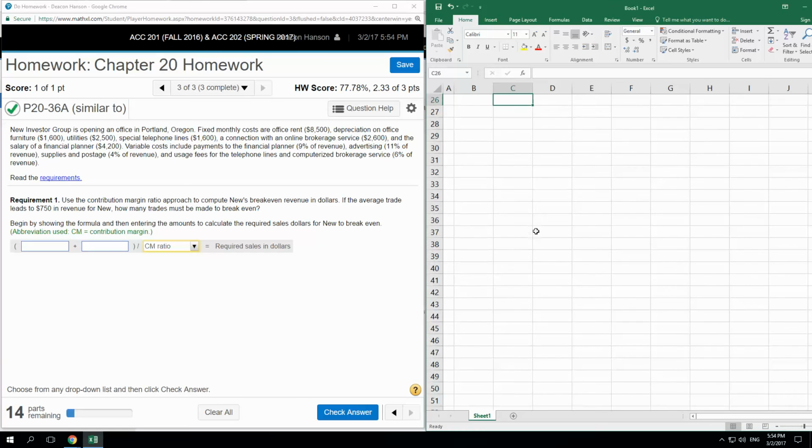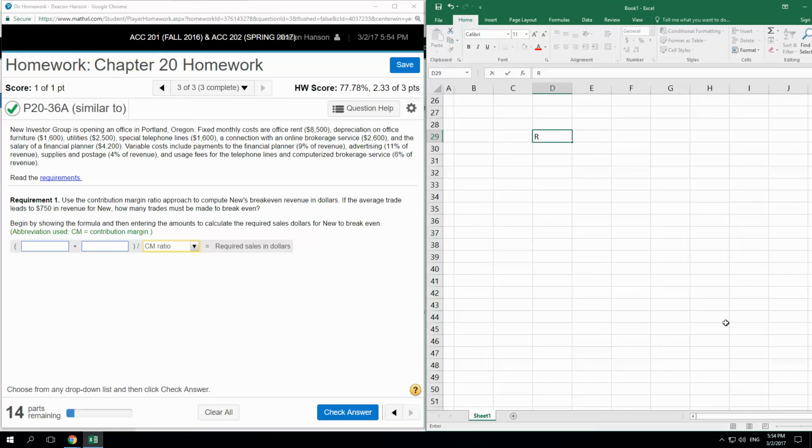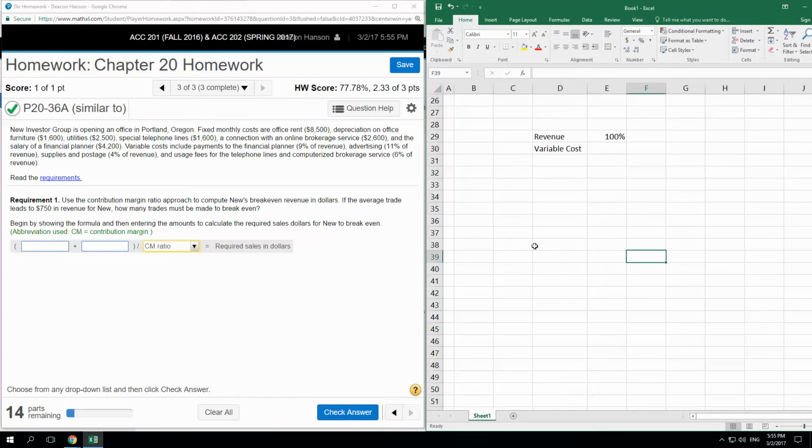They give us our variable costs in percentage terms. If you treat revenue as 100%, let me put it over here on the right. Then they tell me my variable costs, and they're going to make me add them up.